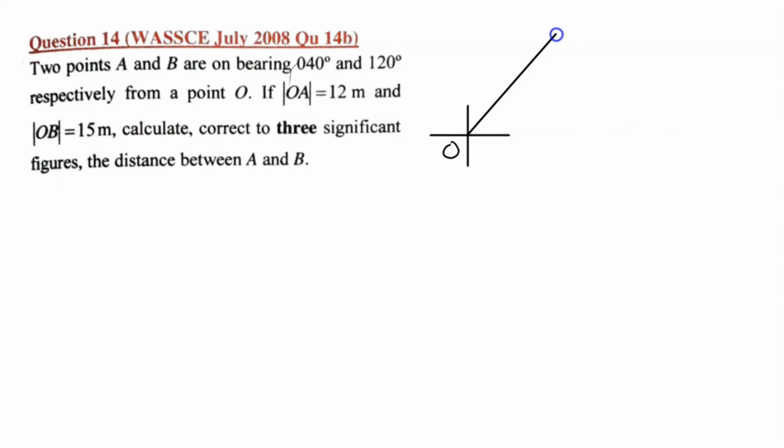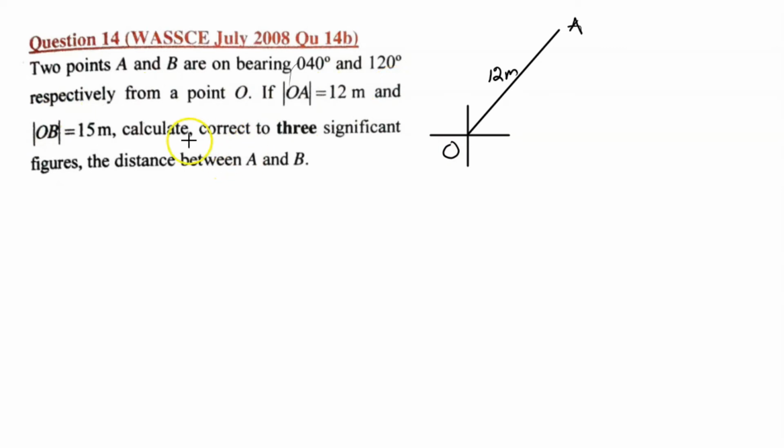But remember, the distance was 12 meters. So let me assume that that is my location for A, which is 12 meters. And then that of OB, which is 15 meters, on a bearing of 120 degrees. Let me locate 120 degrees. 120 degrees may find itself within the fourth quadrant, or between the south and east poles for O. So 120 degrees will be 90 plus 30.